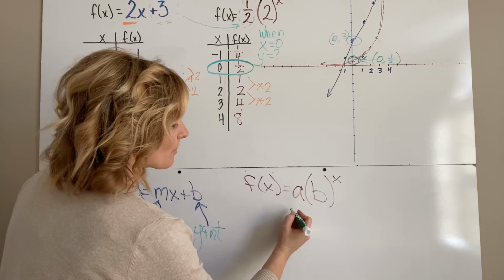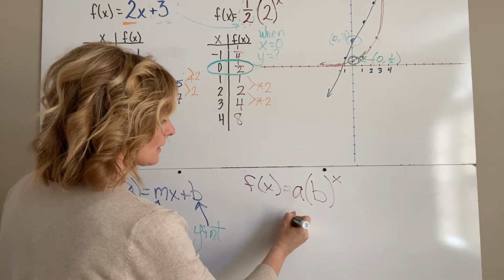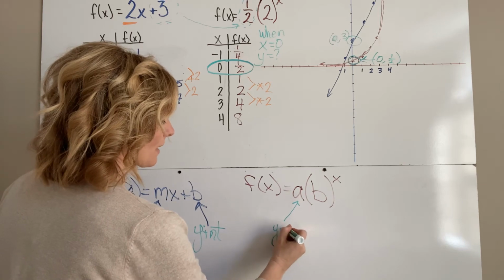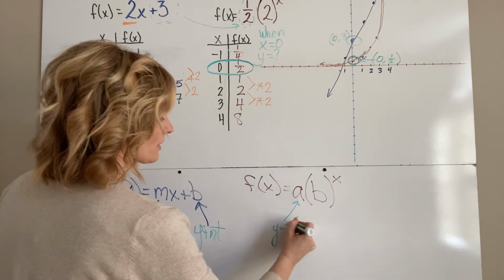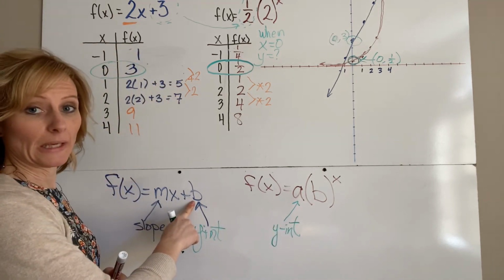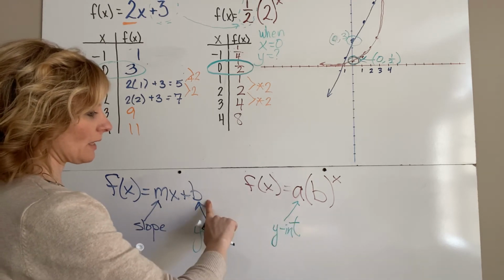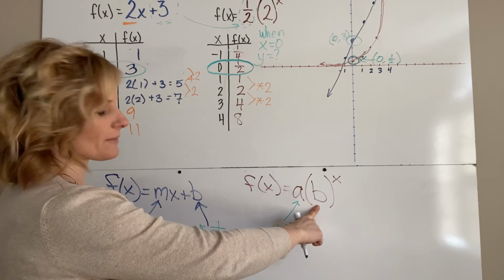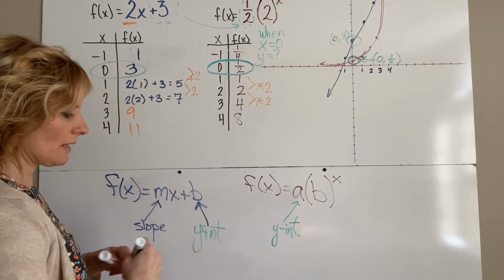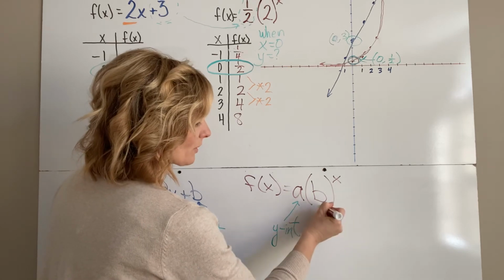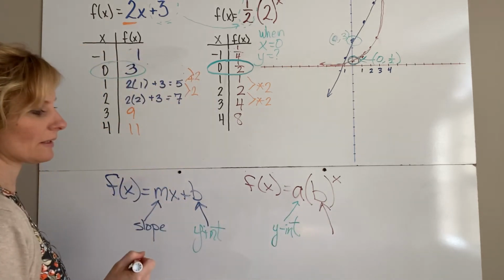Okay, so remember, this is our y-intercept. It's different. It is not this b, okay? They are different in that this is a b, well then that should be the y-intercept. It's not, all right?